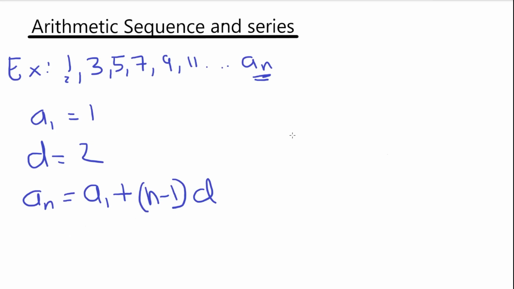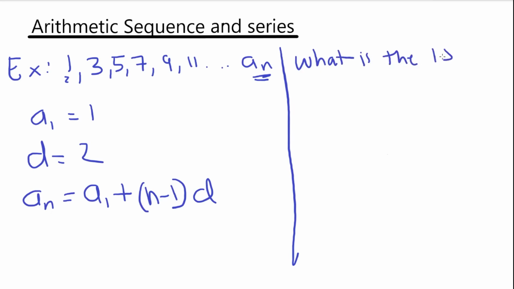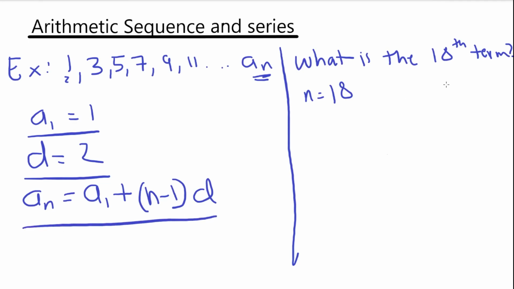So in a question, they will ask you what is the 18th term of the sequence. Here n will be 18, and given that your a1 and d are given to you, you can use this formula to find the 18th term.